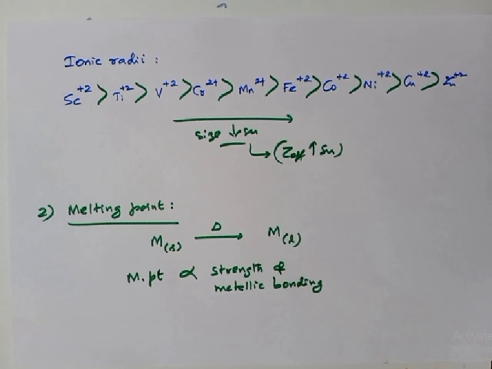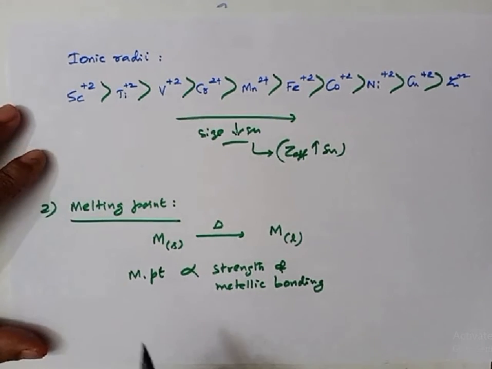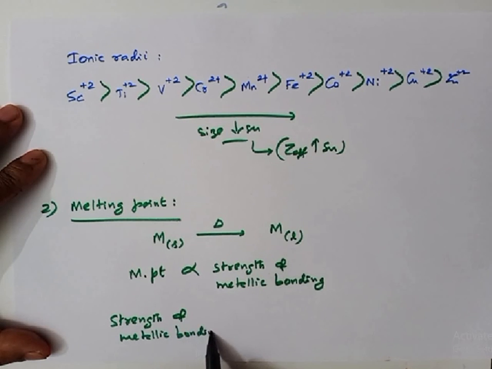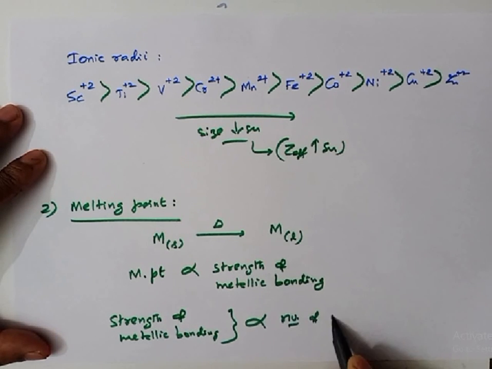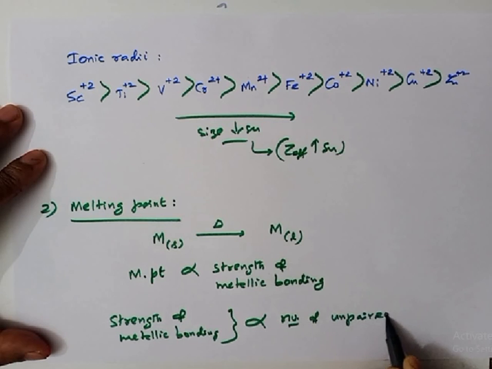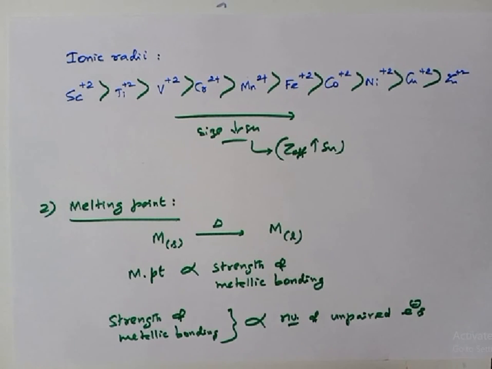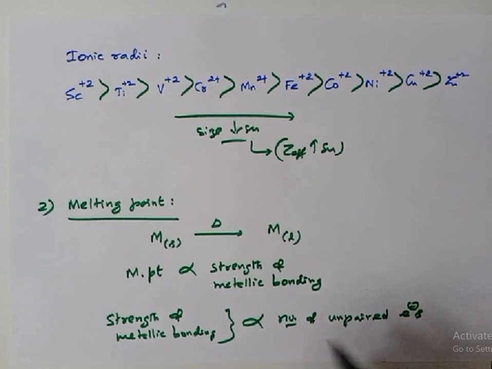Let me write here, the strength of metallic bonding is directly proportional to the number of unpaired electrons present in the atom, because when we have unpaired electrons, there is a chance to form metallic bonding. So metallic bonding becomes very strong as the number of unpaired electrons increases, in general we say.